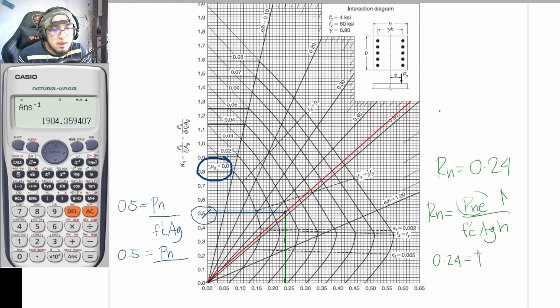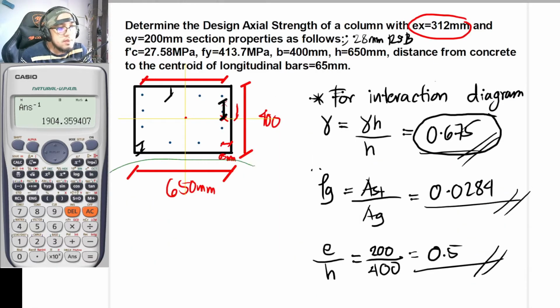So Mn divided by F prime C, that is 27.58, times cross-sectional area of 400 times 650, times H, and ang H natin dito is 650 also, kasi yung H natin is this dimension. Itong dimension na to kasi yung bending niya about this axis. So ito yung eccentricity kasi.